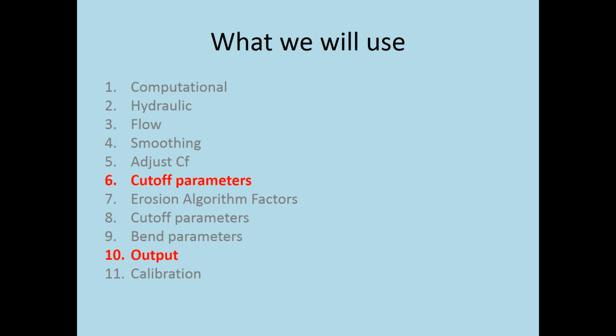Everything's going to stay the same in that dialog box as it was set up for our last tutorial, except that we're going to invoke the cutoff parameters dialog box. And of course, make sure that you change your output location as I do each time I run the model. But the new factor here that we're going to deal with is the cutoff dialog.